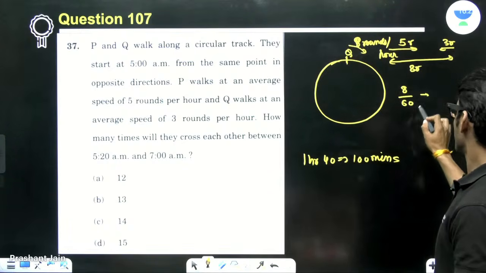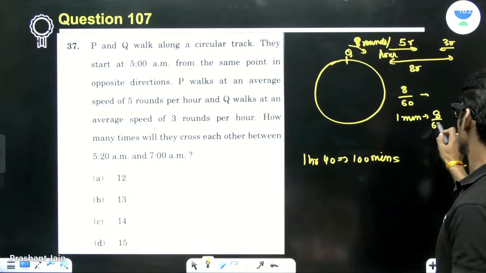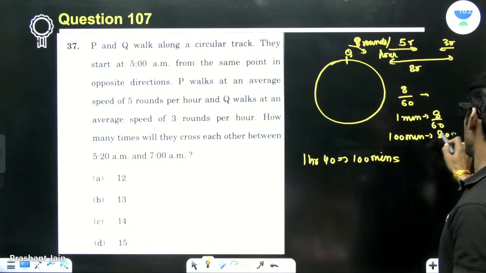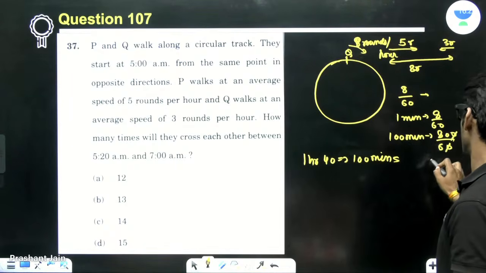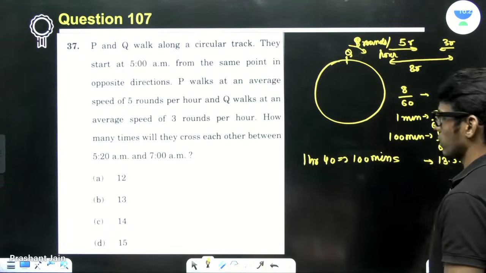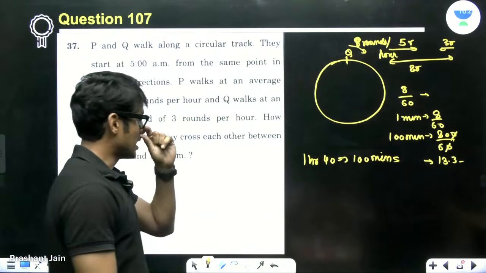So in 1 minute, he will do 8 by 60 rounds. In 100 minutes, this guy will do 800 by 60 rounds. If you see carefully, this becomes 13 point something.